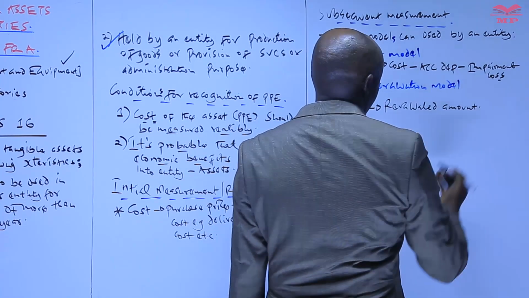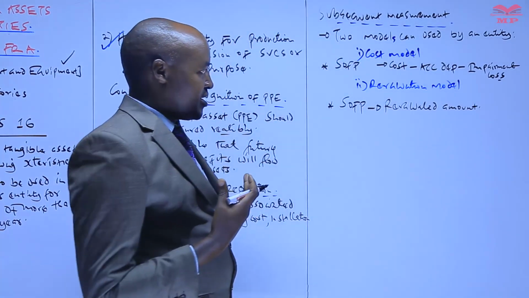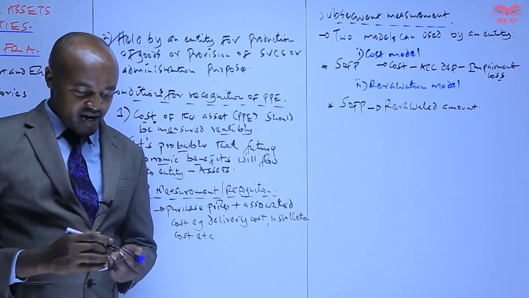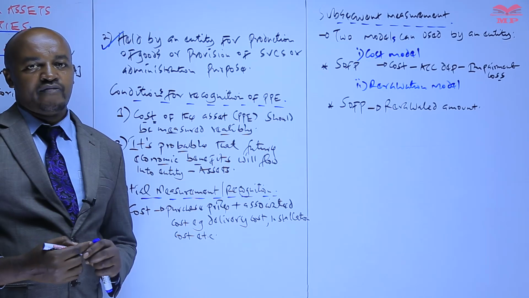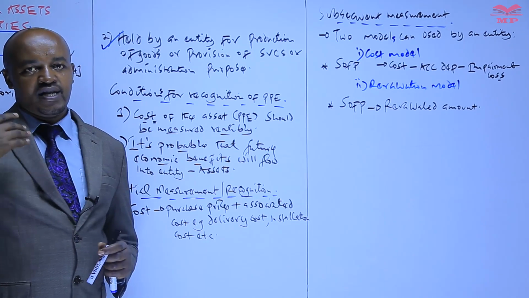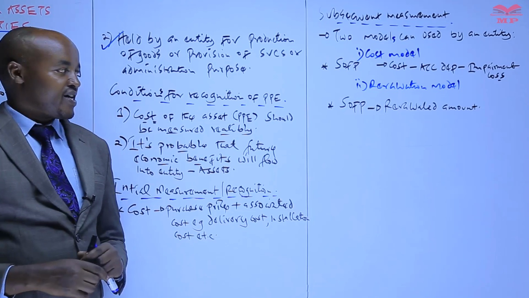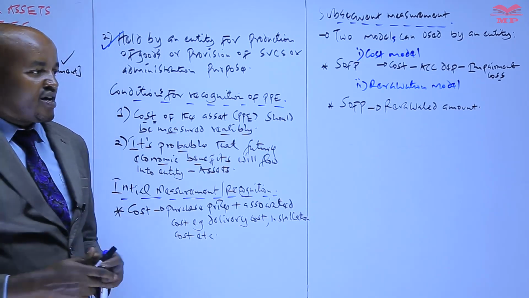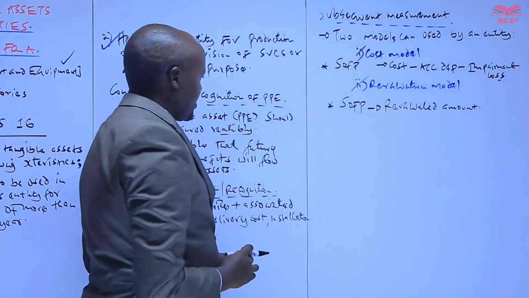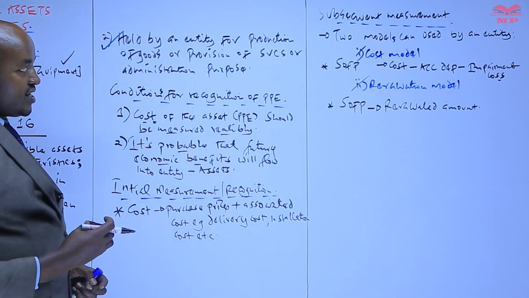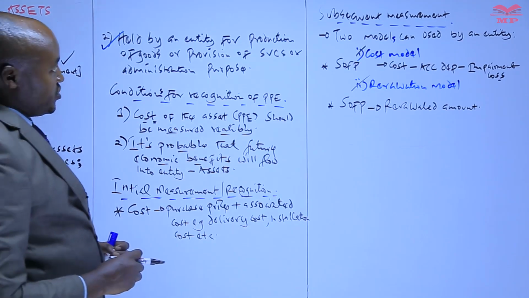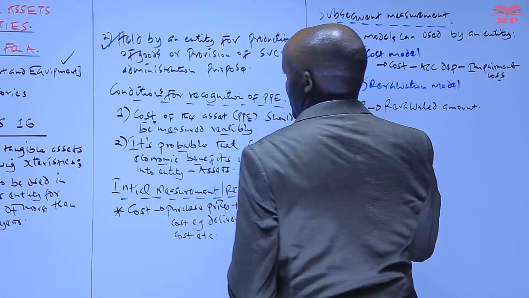So basically what that means is that if the company has adopted this particular model, at the end of each year, an entity will be expected to engage a professional valuer who will be able to determine the fair value or the market value of the asset at the end of each year. So therefore, we have those two models which may be used by the company to determine the value at which an asset will be recorded in the statement of financial position.